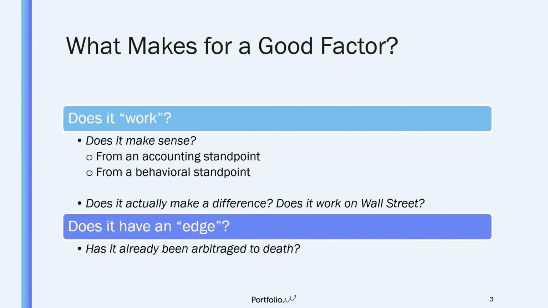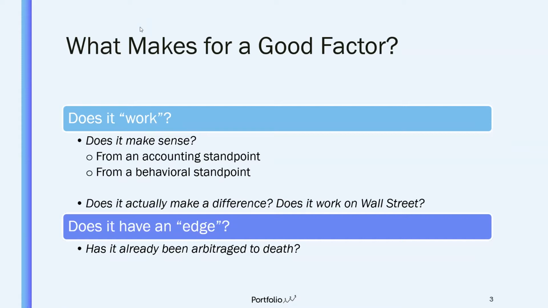And this is not a hard and fast rule. It's possible that price to book value will come back. I thought that price to sales was basically arbitraged away, but it's made a big comeback recently.